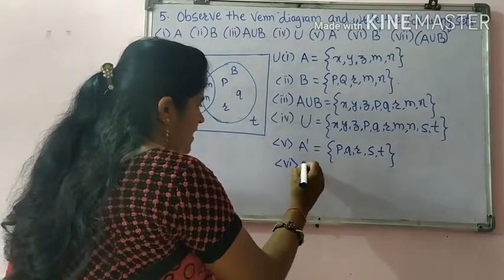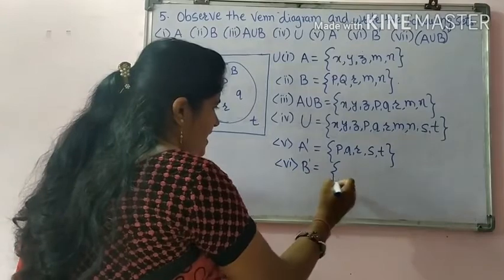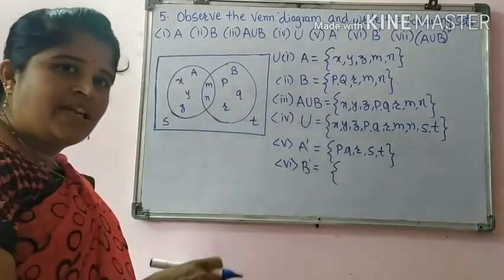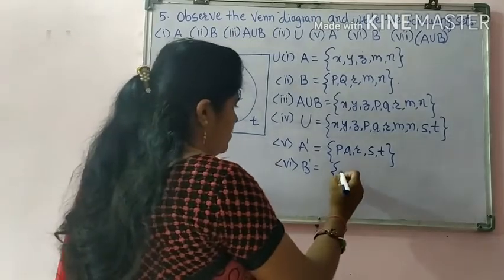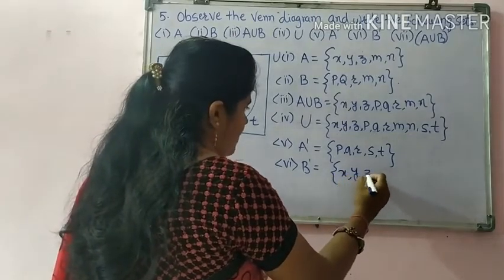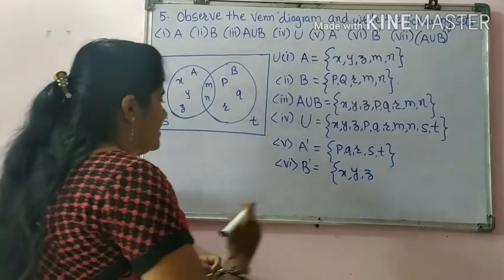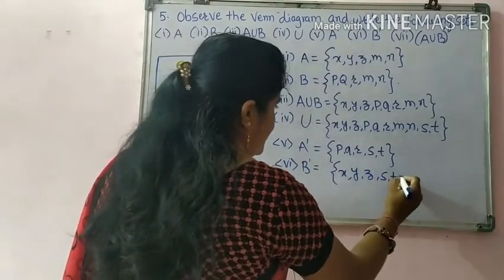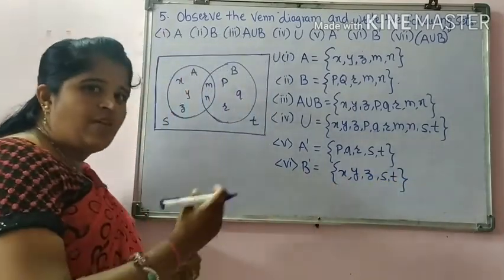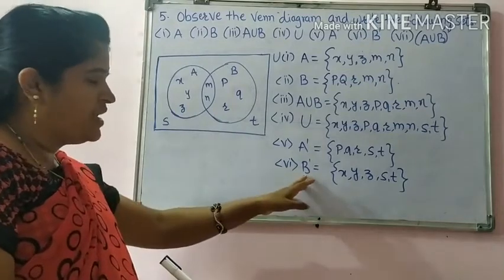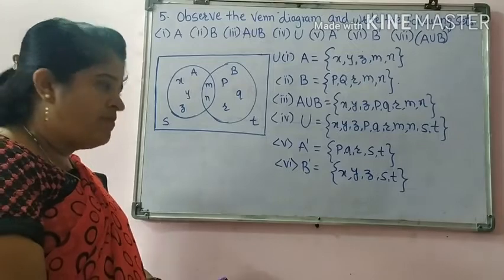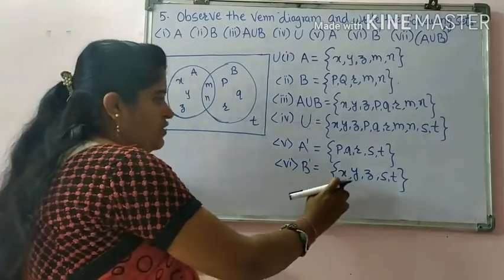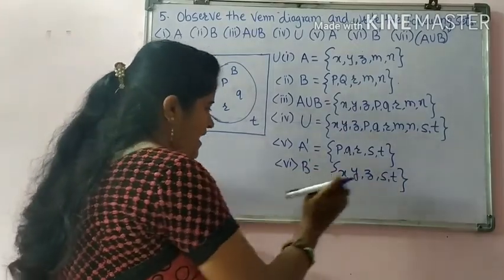B complement is all the elements in the set except those in set B. So B complement is equal to X, Y, Z, S and T. All the elements of the universal set which are not in set B will be in the complement of B. So B complement is equal to X, Y, Z, S and T.